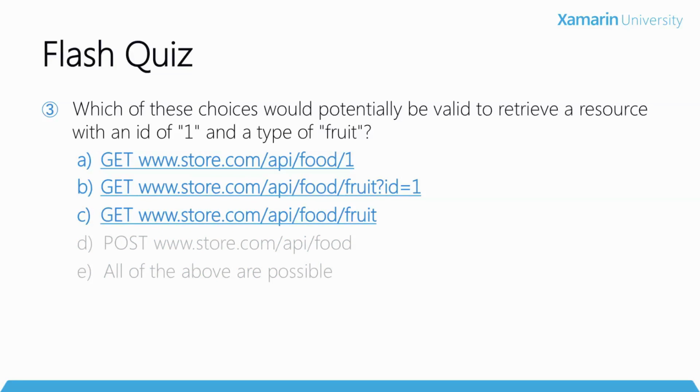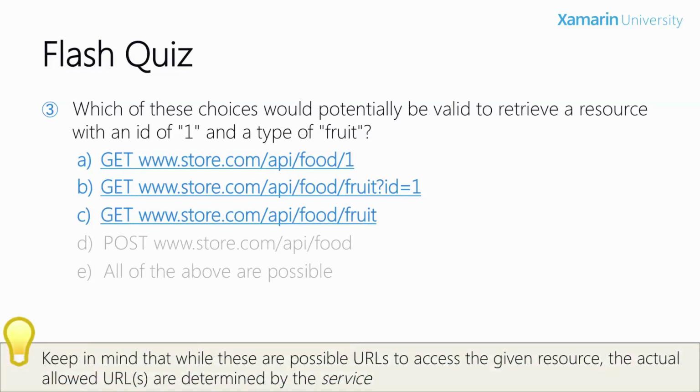When we want to retrieve a resource, any one of the get verbs would be valid. Also keep in mind that these are just possible URLs to access the resource. The actual URLs are going to be determined by the service.